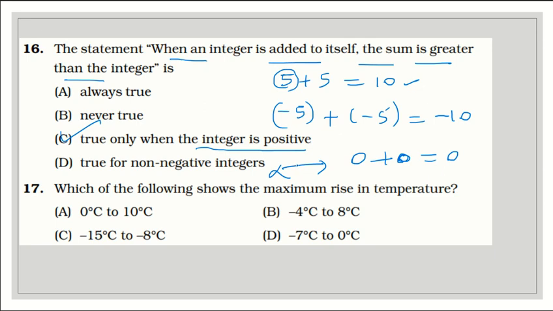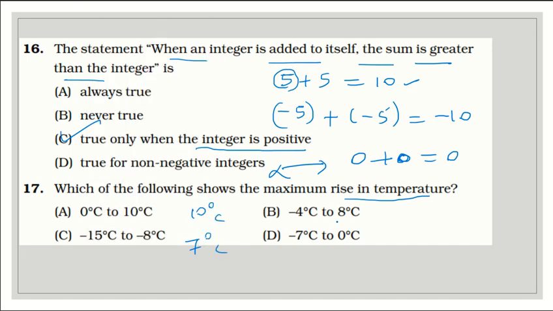Now, we have another question, question number 17. Which of the following shows maximum rise in temperature? See, 0 to 10, there is a 10-degree rise, whereas minus 15 to minus 8, so there is a rise of 7 degrees Celsius.